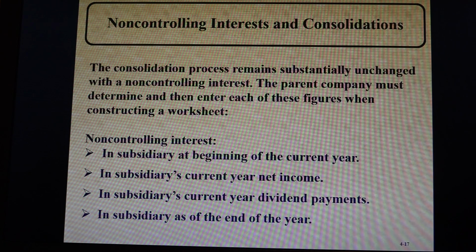And in there, you're going to add the beginning of current year non-controlling interest balance.